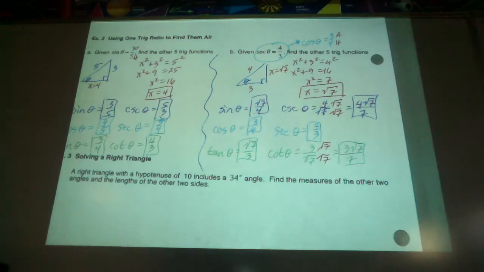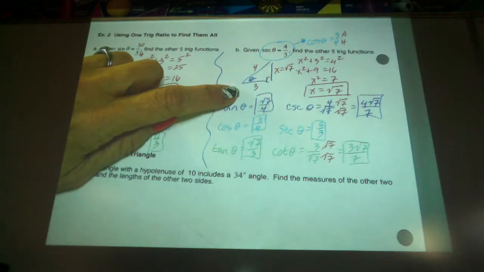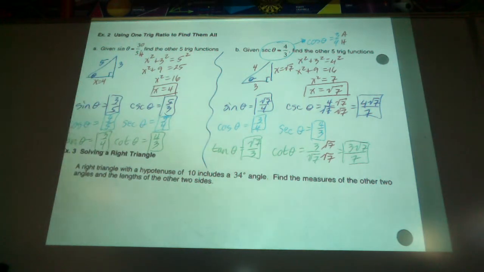How did we do? That bringing back some reminders. Did you do this one in 3-4? Were you given secant? Possibly, as a harder, probably weren't tested on that. You'll definitely be tested on that in this class.